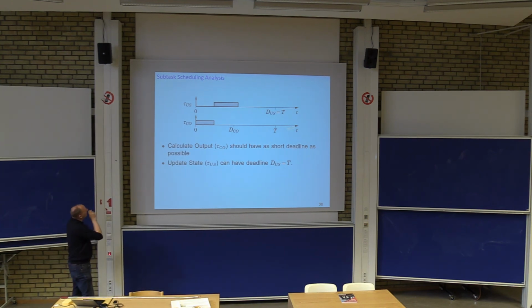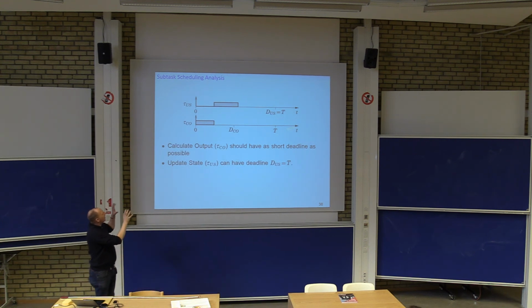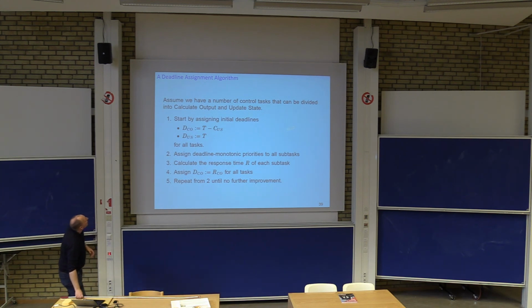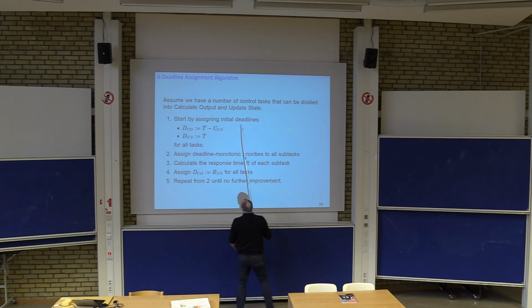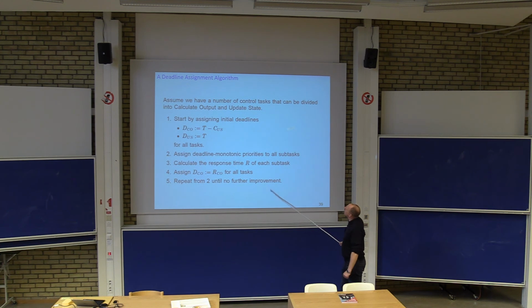What we will do now is look at an algorithm that will try to assign priorities to these tasks based on the deadline monotonic principle that we discussed previously. The algorithm is not very complicated, but we have to run it in several iterations to reach a fixed point.